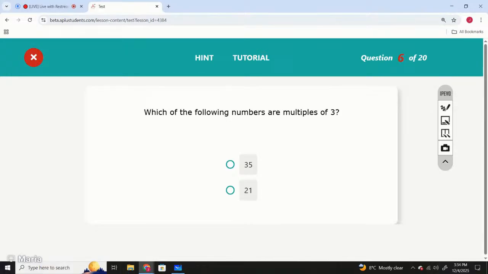The multiples of 3 are, that is 21. Option number 2 is the correct option.